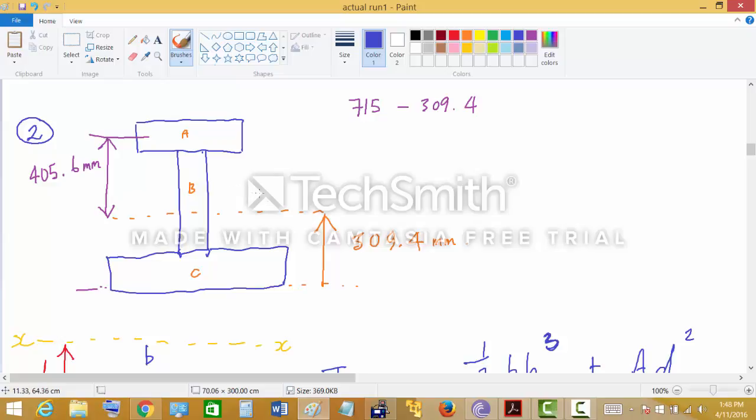370. Right. So the centroid for B is at 370, but D is this distance here, that distance there, and that's going to be 370 minus 309.4. Let's check that again.